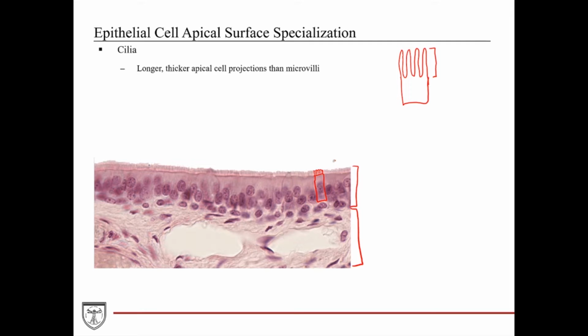In terms of distinguishing the cilia from the microvilli, because they can sometimes look very similar to each other, all we have to do is trace the outline from the external environment of that epithelium.